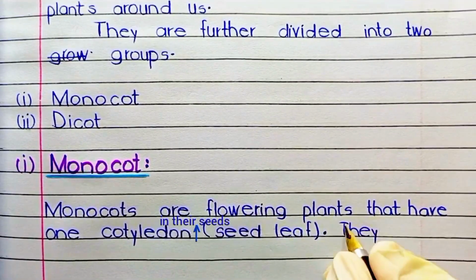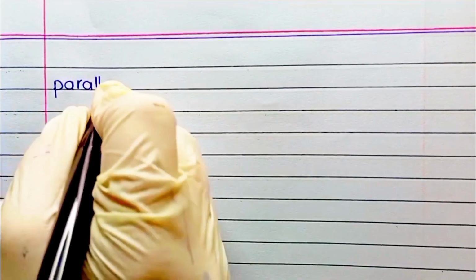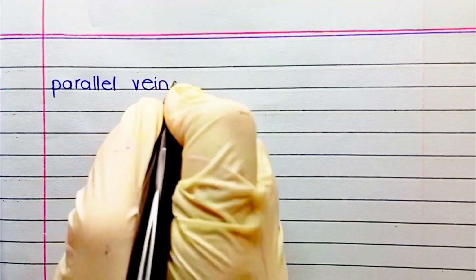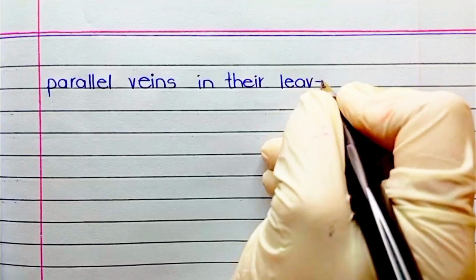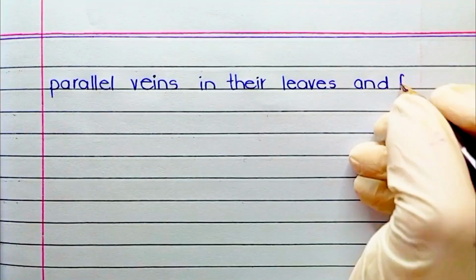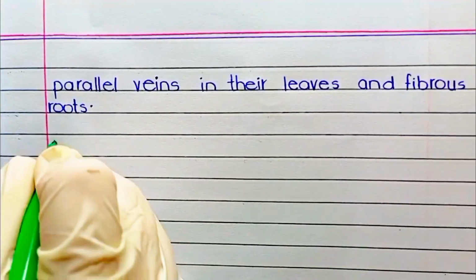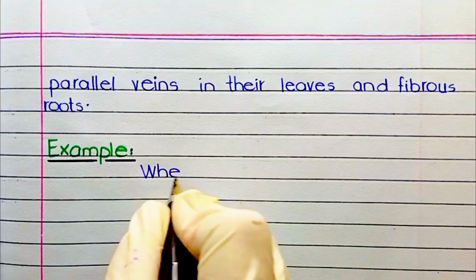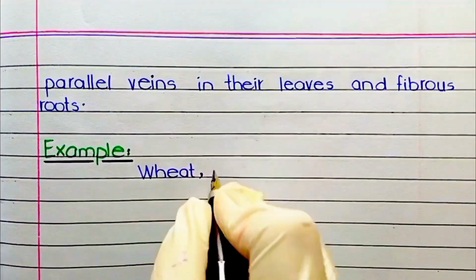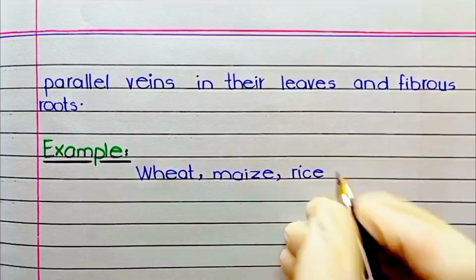They have parallel veins in their leaves and fibrous roots. Examples of monocots are wheat, maize, rice, etc.